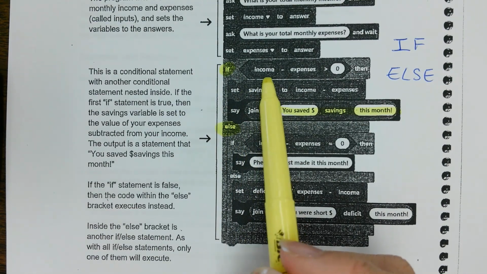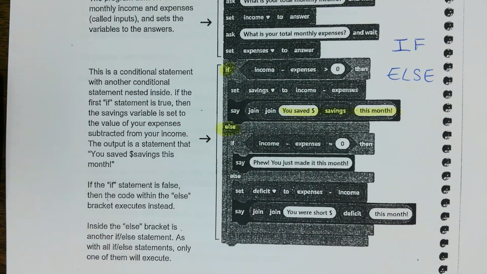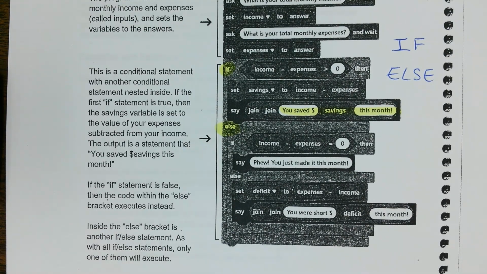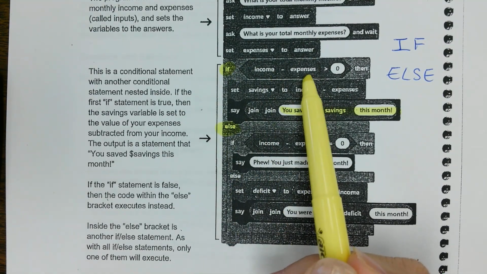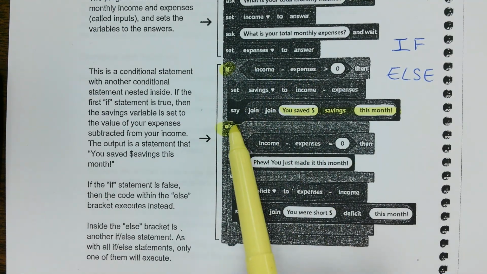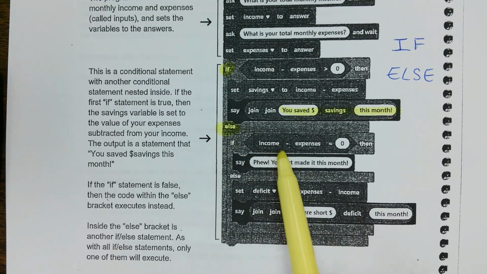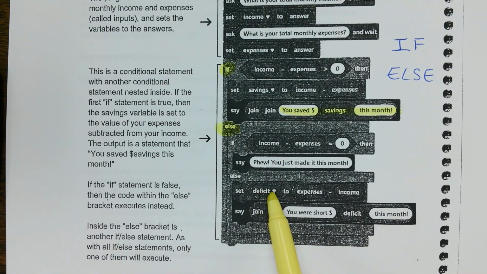If your income is not greater than your expense, what could that mean? You're in debt, you lose money, or break even. Good. So if you're not making more than you spend, it would have to mean you're either spending more than you make, or you break even.